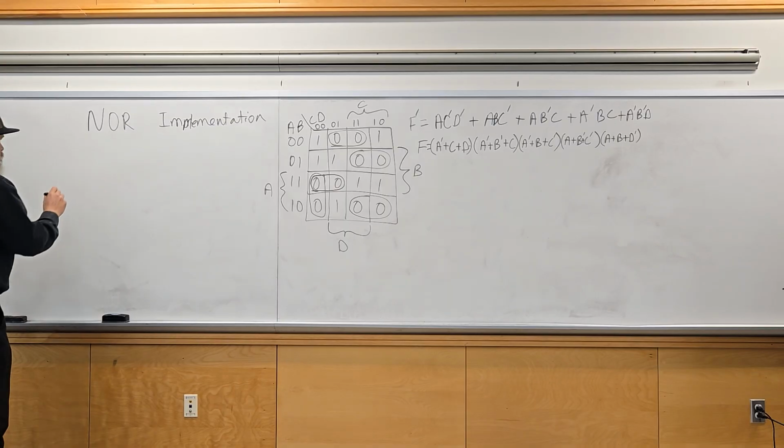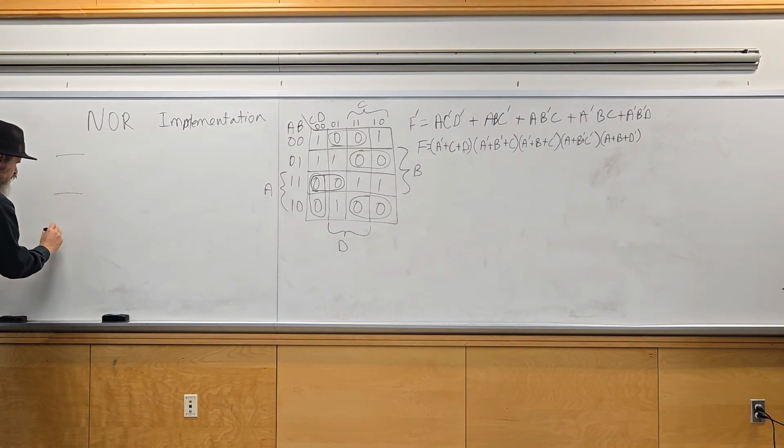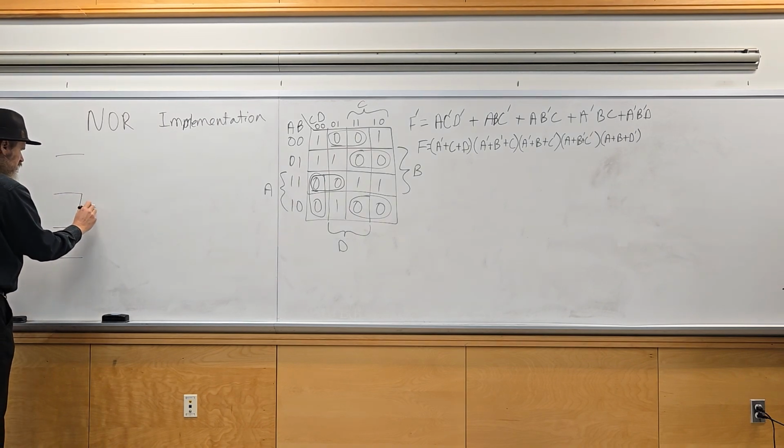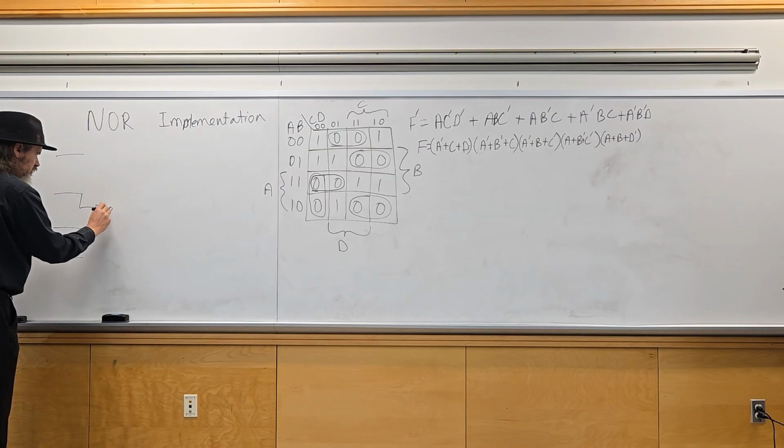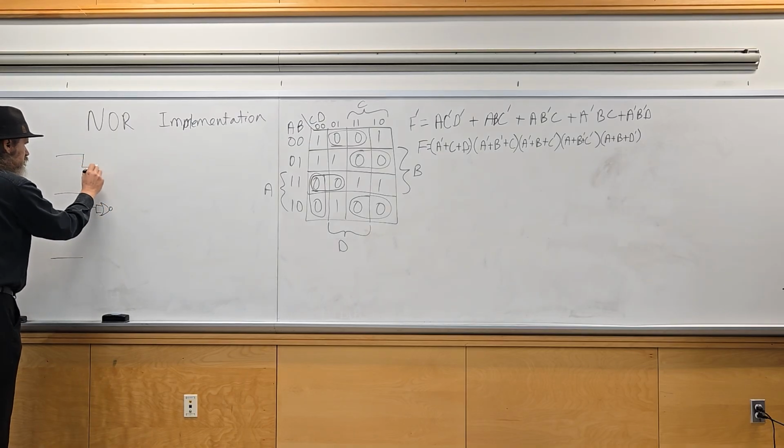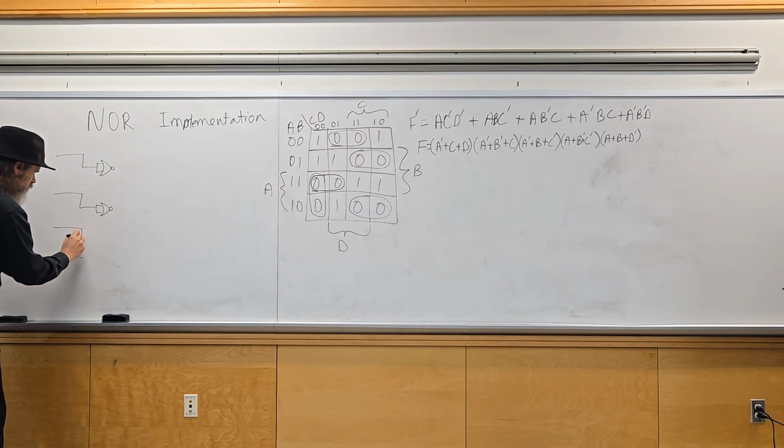So you have the 4 inputs. One going to an inverter, which is a NOR gate with inputs tied together.